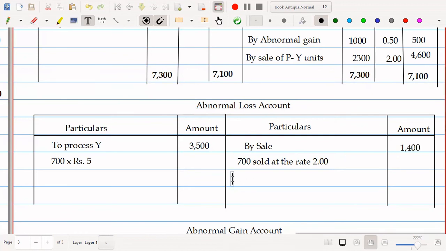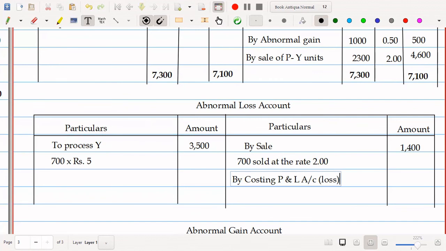The balancing figure is transferred to costing P and L account, which is a loss because it was an unexpected loss due to abnormal reasons.